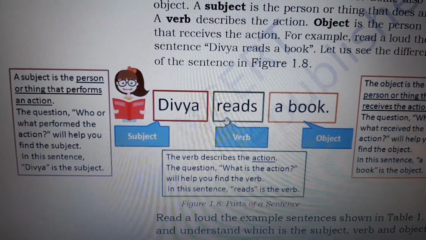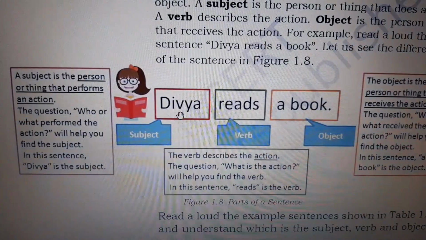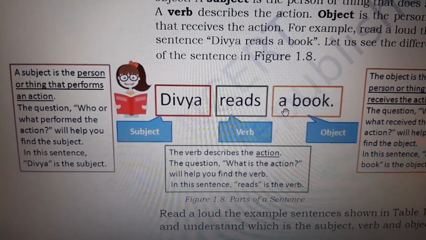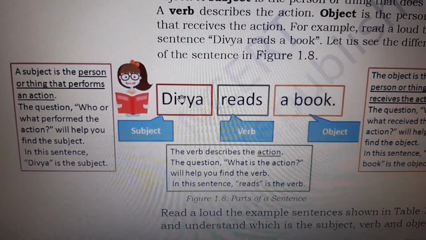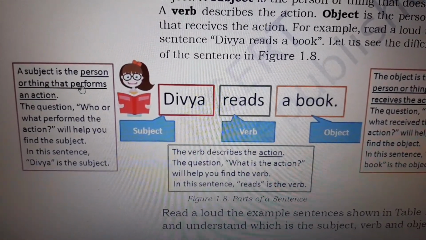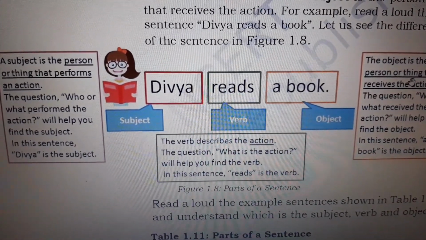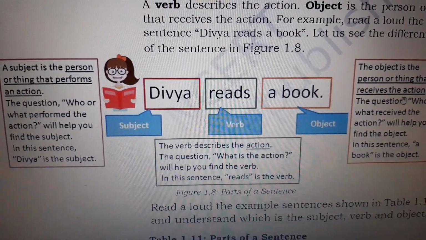Now here comes an example. Divya reads a book. Divya is a subject. Reads is a verb. Book is an object. How do we describe a subject? The person or thing that performs an action. The object is the thing that receives the action.